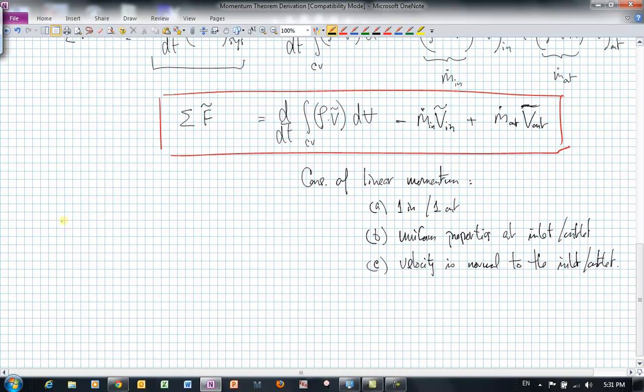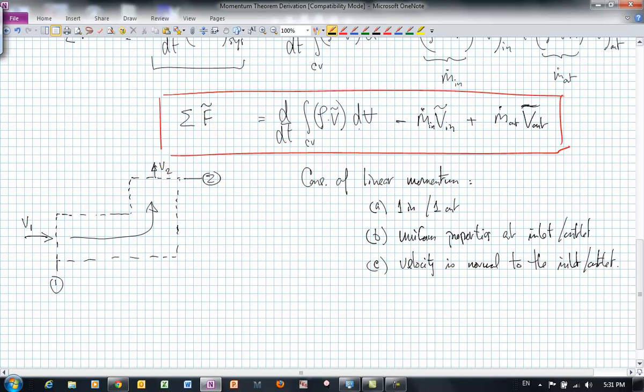This could become important if I had, for example, a control volume that looked like this. Say I got some pipe that makes a right angle. Okay, and I'm looking at the flow coming into this pipe at section 1. Does some kind of a turn in the pipe and comes out at section 2, V2.